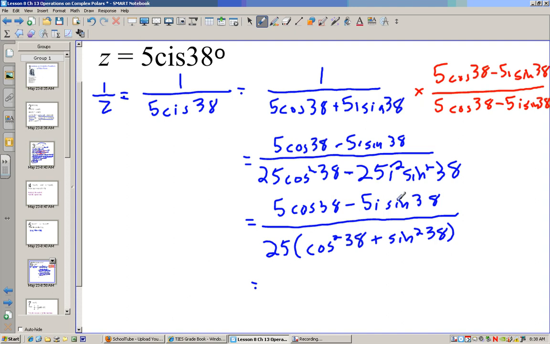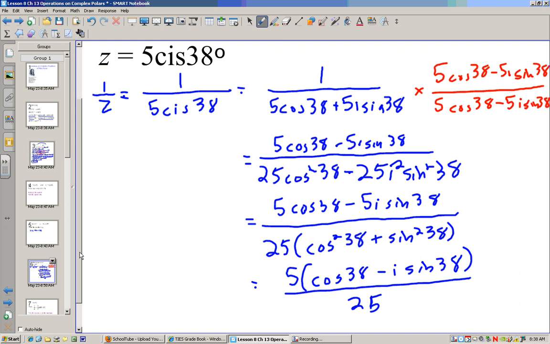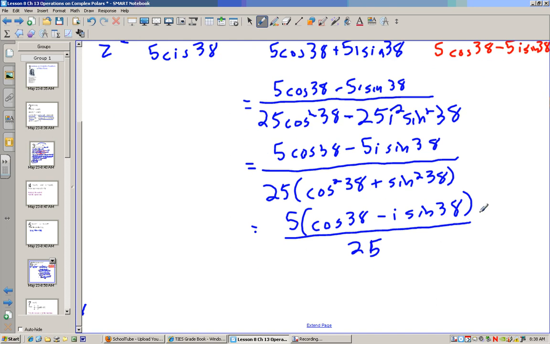Now let's look and see if there's anything we can do with the numerator. Let's factor out a 5. So that's 5 times cosine 38 minus i sine 38. And like I said, this denominator is just going to be 25. Now this is great.